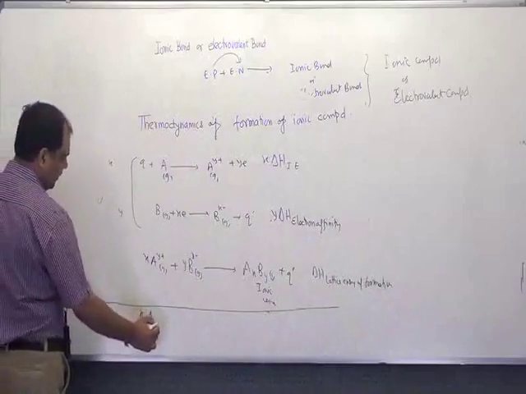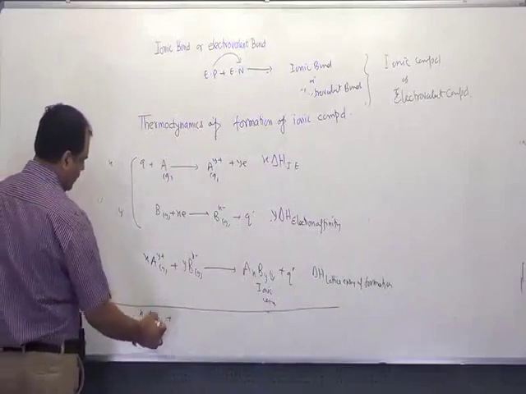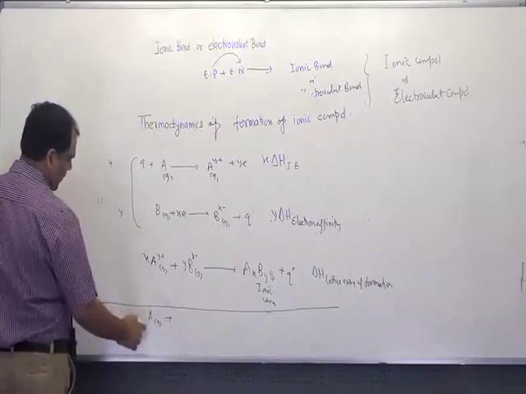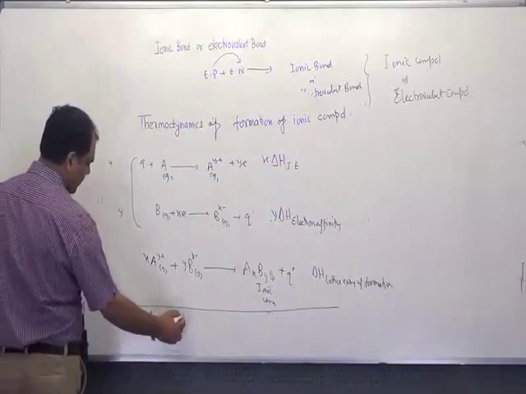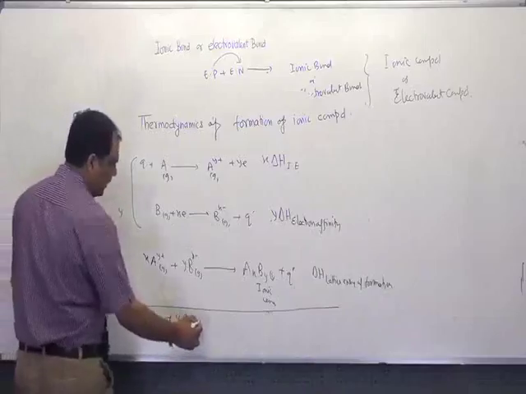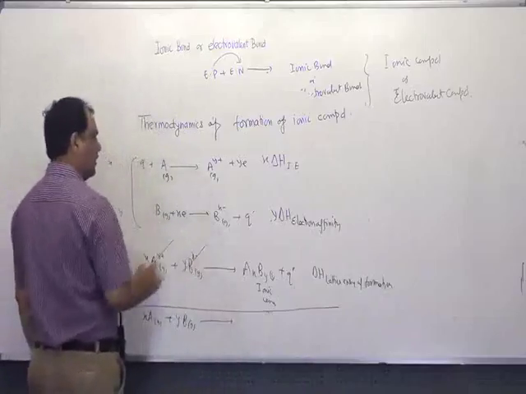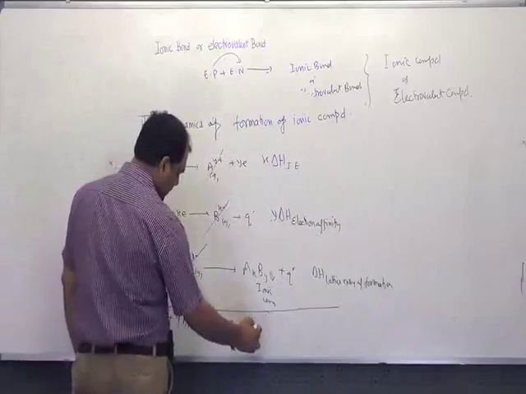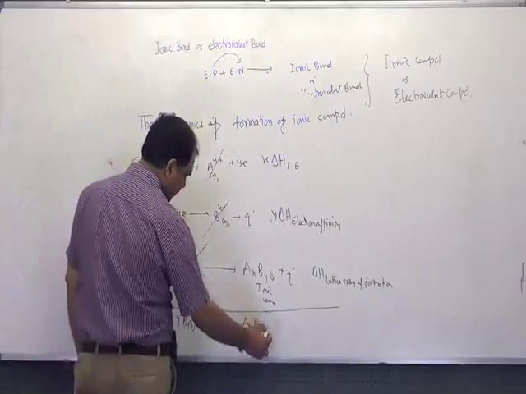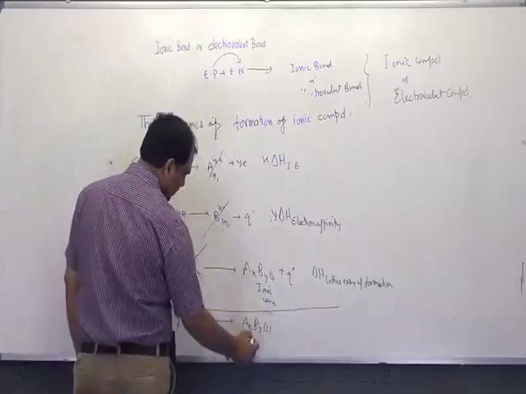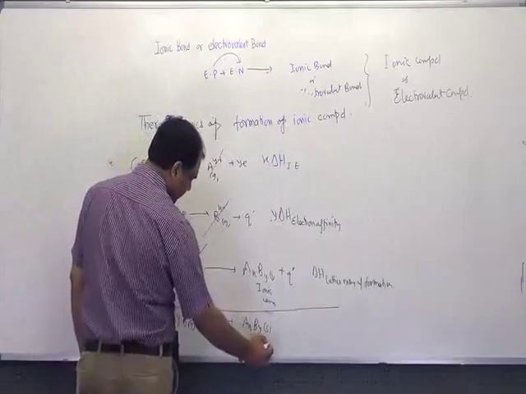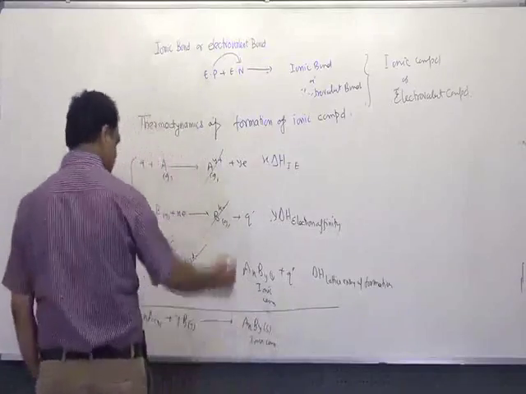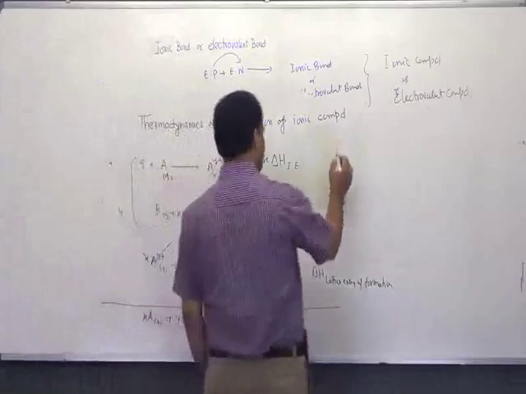Now if you add all these reactions, what are we going to get? xA gas plus yB gas, and these ions will cancel out. Finally we get AxBy solid, the ionic compound. So what can we write?